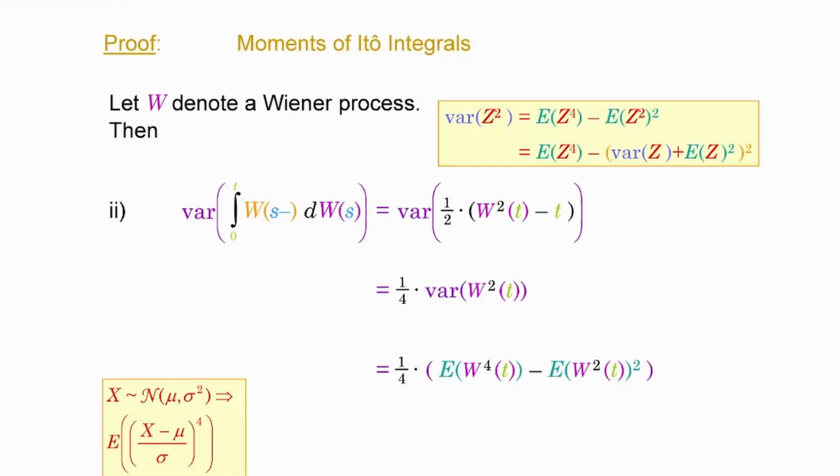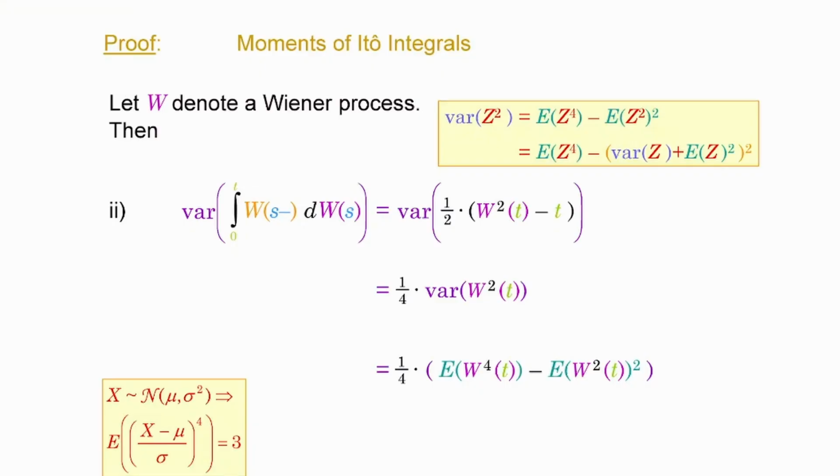Raised to the power of 4, the expectation of that is going to be equal to 3. So the fourth moment of the standard normal distribution is simply equal to 3.